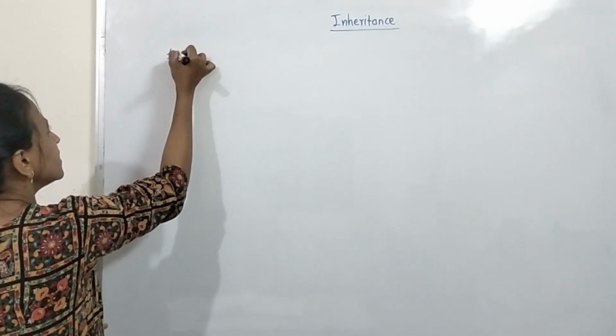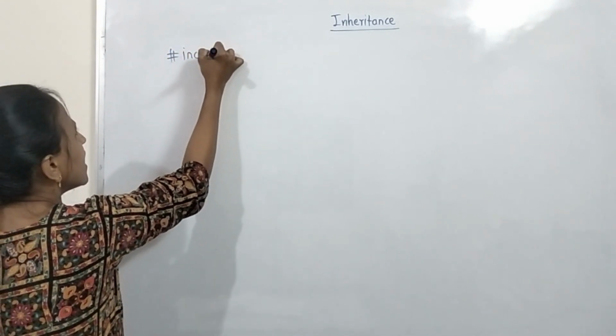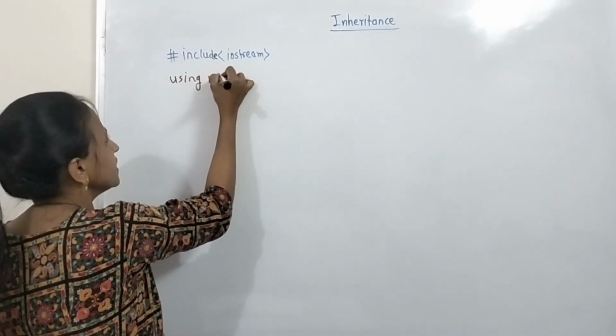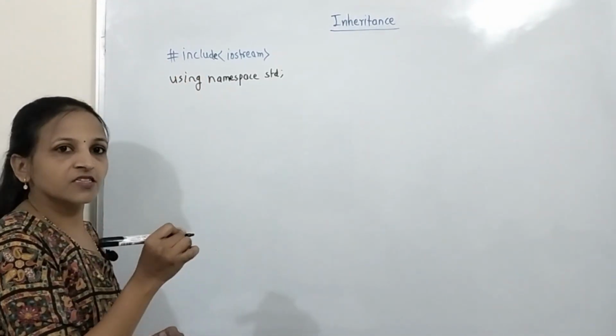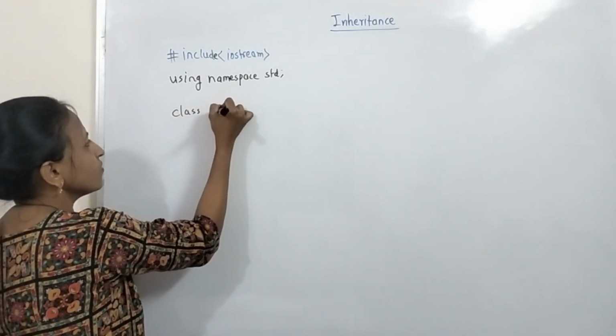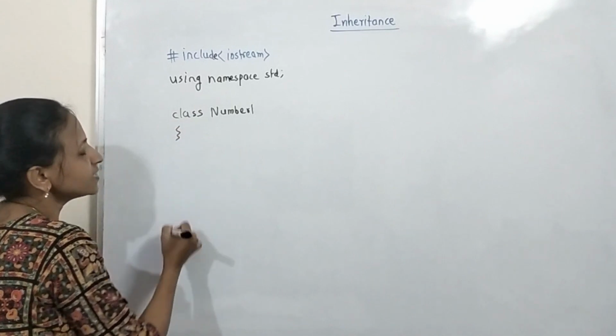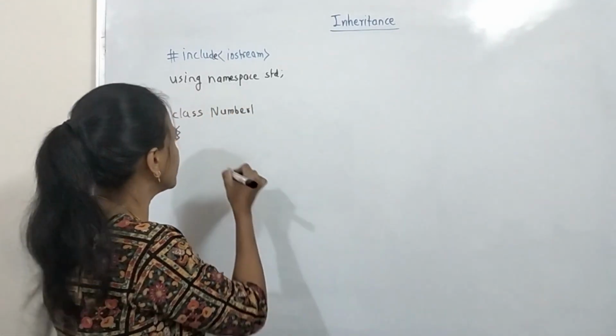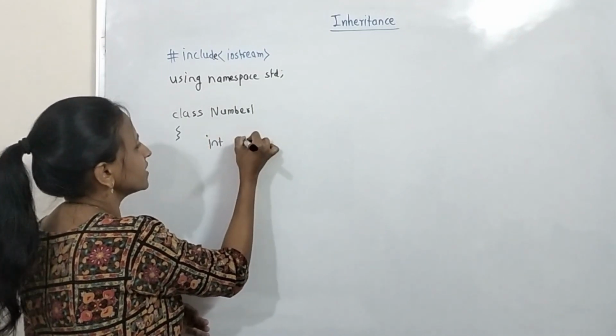First we write hash include iostream, then using namespace std. Then we create the first class, named number one. Let this class have one data member, an integer variable, just declared simply as int a.